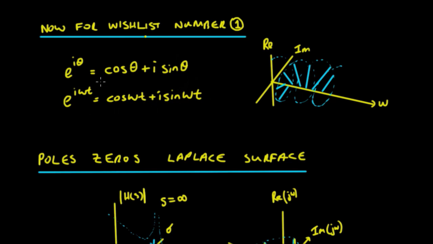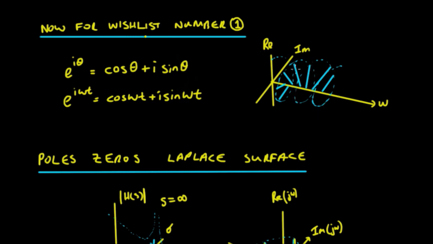What this looks like is a frequency axis, omega, with a real part and an imaginary part, and this e to the i omega t looks like a phasor rotating round about the omega axis, and you can see it rotating there.